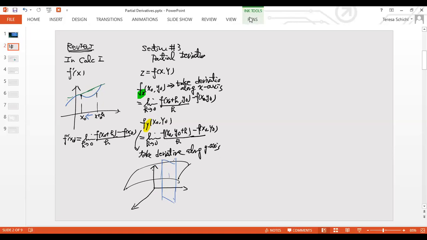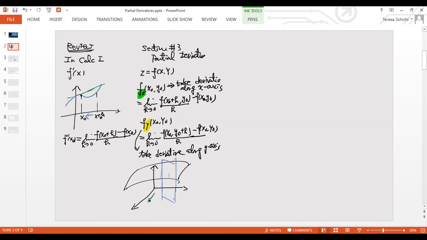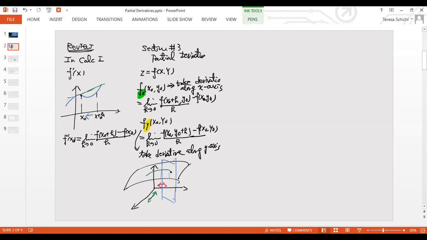When you take the derivative f sub x, you are taking the derivative in this direction, and for f sub y you take the derivative in this other direction along the curve. That's how you find the tangent line of this curve on the surface.